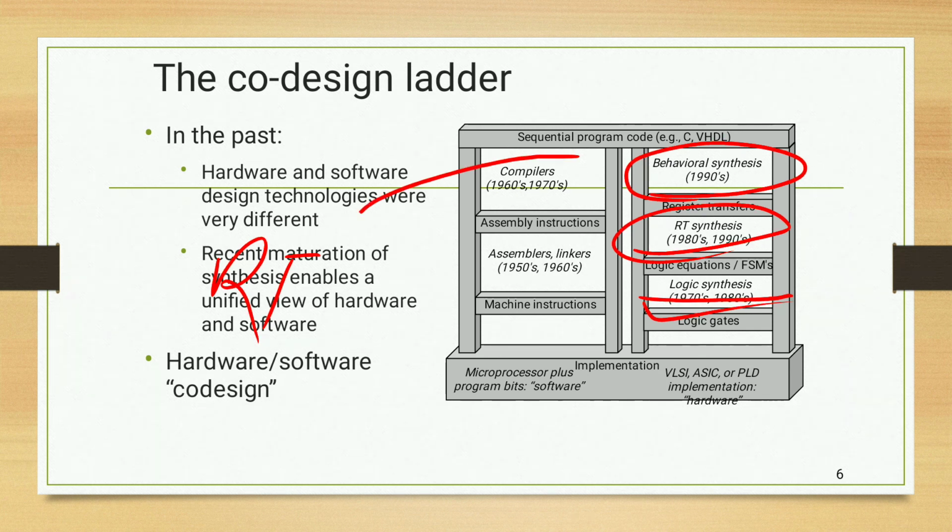Similarly, a software compiler converts a sequential program to assembly code, which is essentially register transfer code.